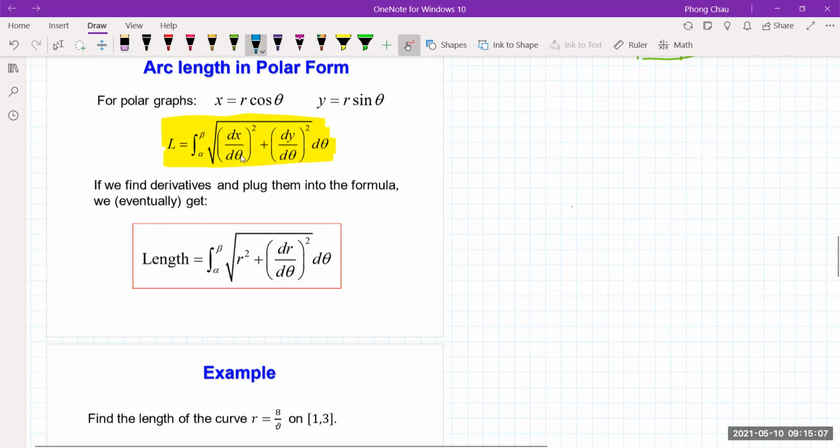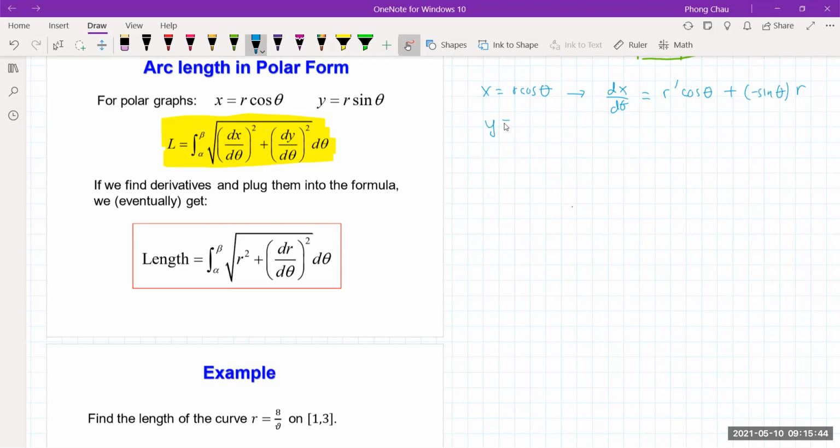When you apply this formula, you're going to see the derivative dx d theta. If x is r cosine of theta, then dx d theta, again by the product rule, is the derivative of r times cosine, plus the derivative of cosine, which is negative sine theta, times r.